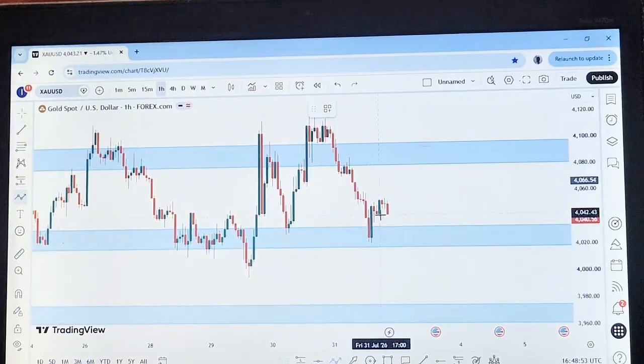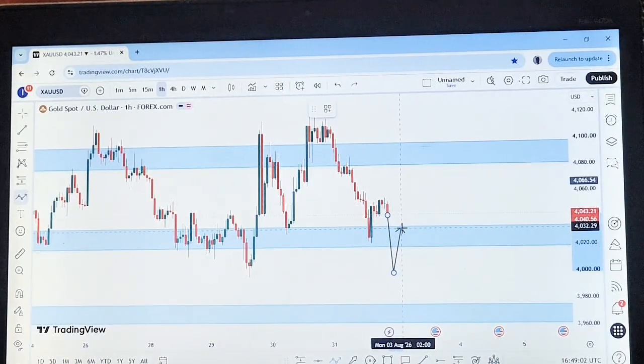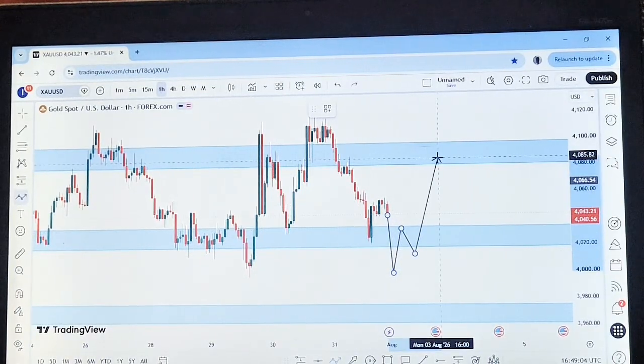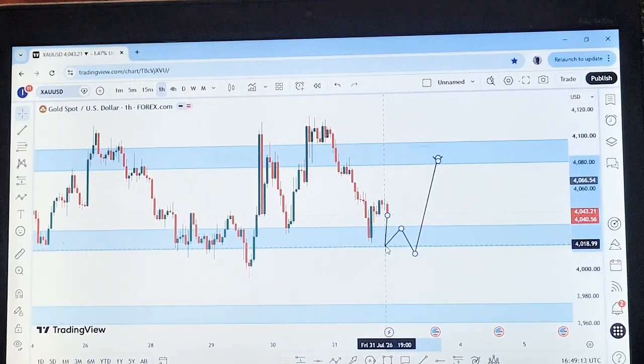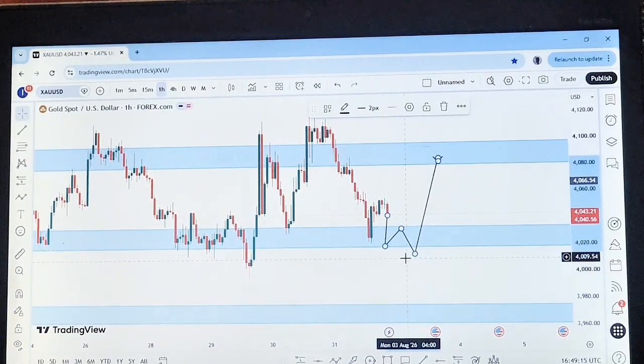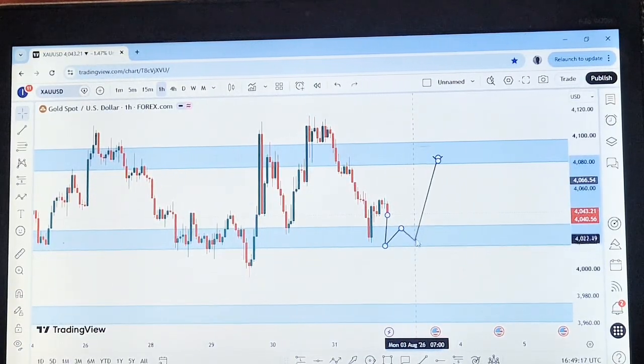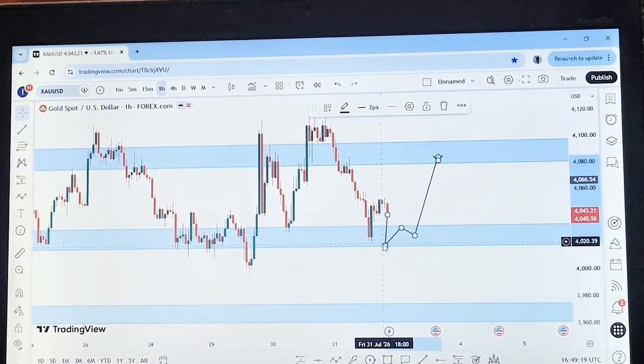Another scenario is that this market will come and give an inverse head and shoulders, and then push up again to that level. The last point is that this market is going to give either a double bottom or a triple bottom on this level right here.